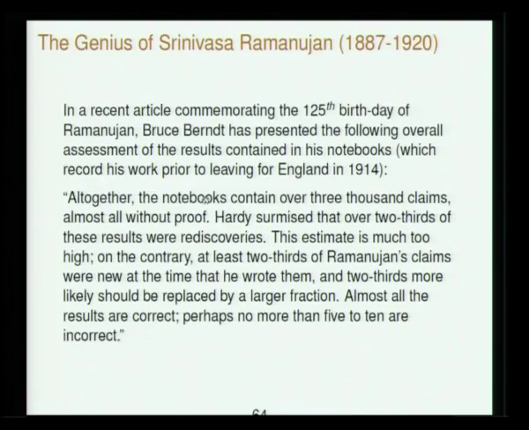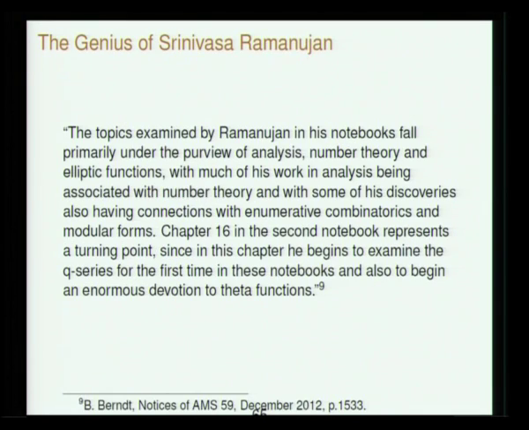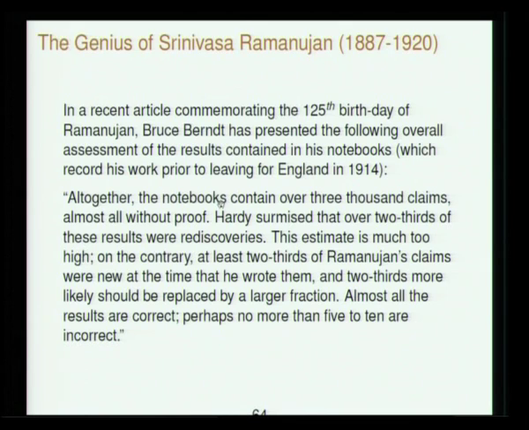Now, the issue is important because, for instance, there is this notebook of Ramanujan, which is the set of all results that he noted prior to going to England, and later analysis in the last 25-30 years shows that there are more than 3,000 results these notebooks contain.